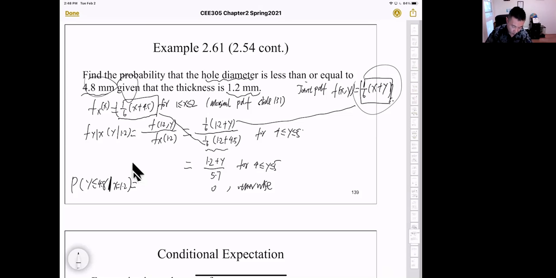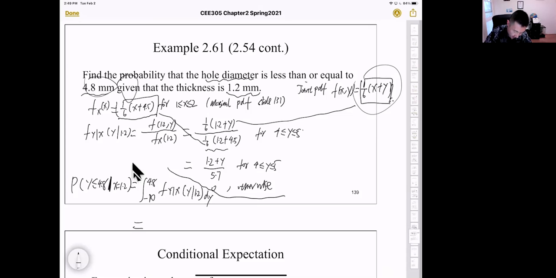So let's do the integration from negative infinity to 4.8 of the conditional PDF, F of Y given X equal to 1.2, dy.